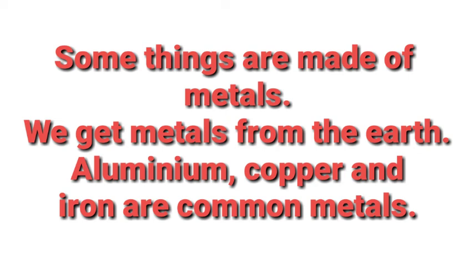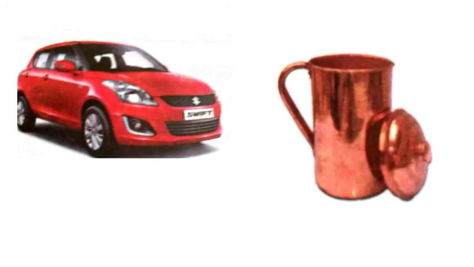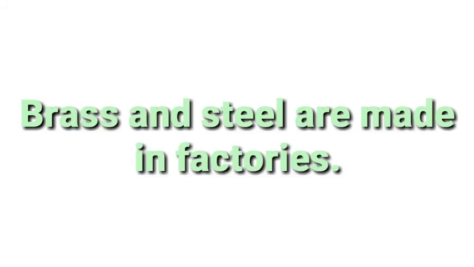For those purposes we are using these things. We can see the example, that is a car. We are using the material iron to make a car, as well as copper vessels that we are using for putting water in.